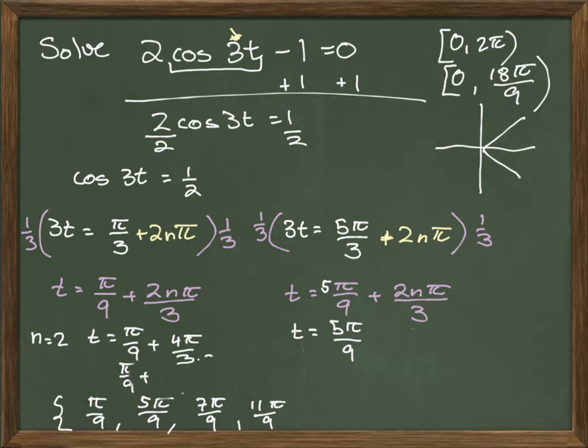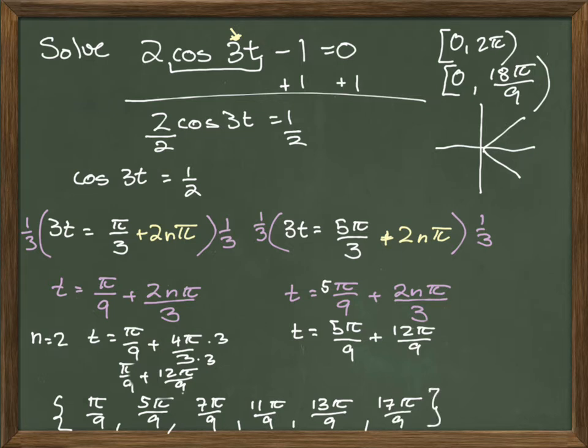Well, if we make this the same denominator, that would be 12 pi over 9. So pi over 9 plus 12 pi over 9 is 13 pi over 9, which is still smaller than 18 pi over 9. And we're going to 5 pi over 9 plus 12 pi over 9, that would be what? 17 pi over 9. And now guess what?